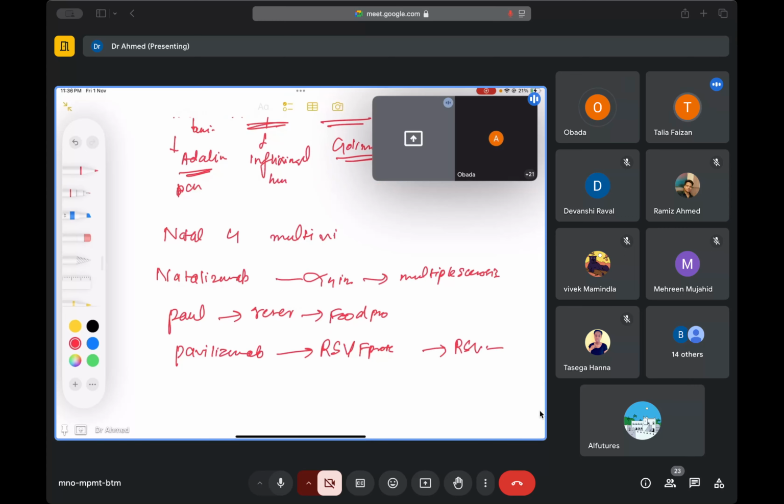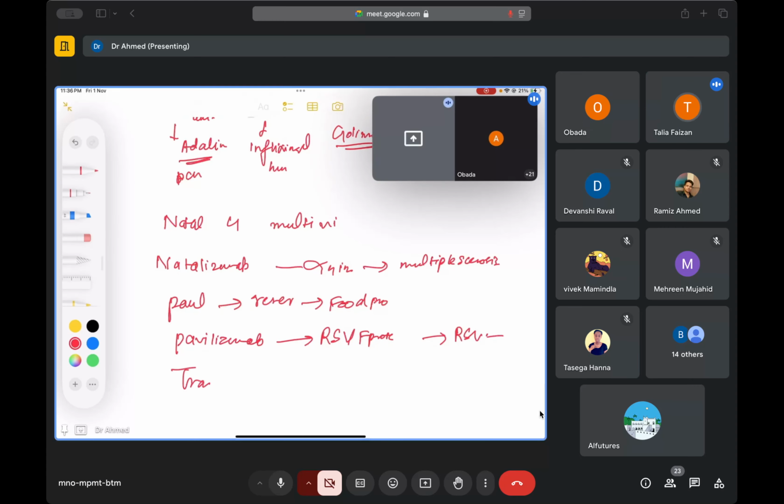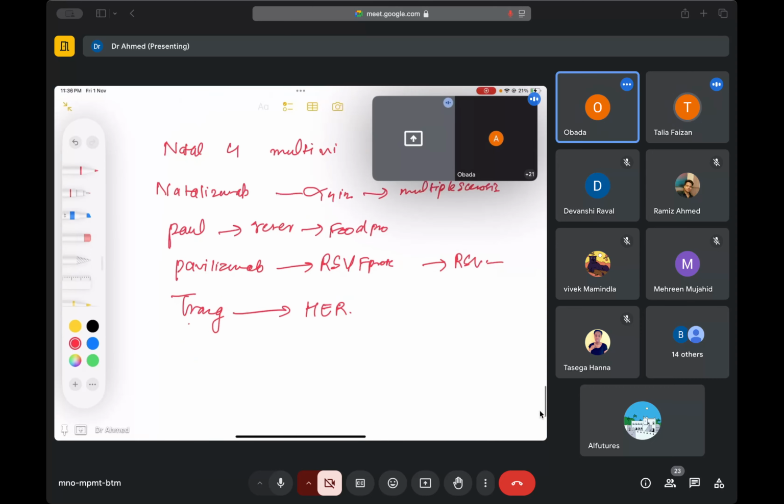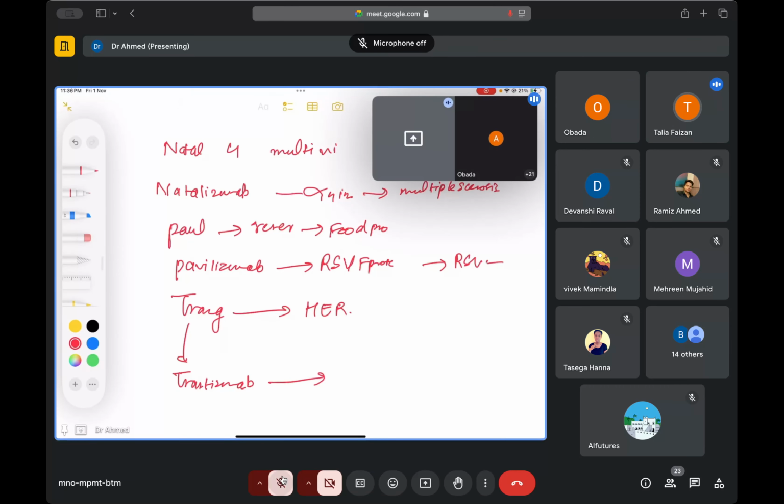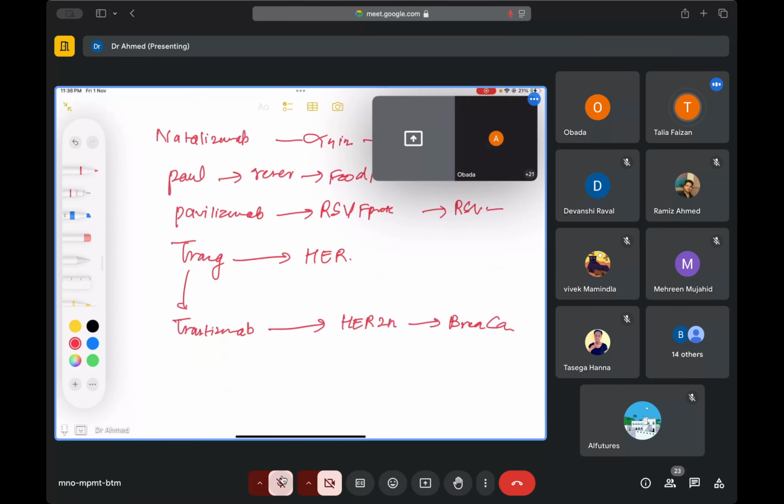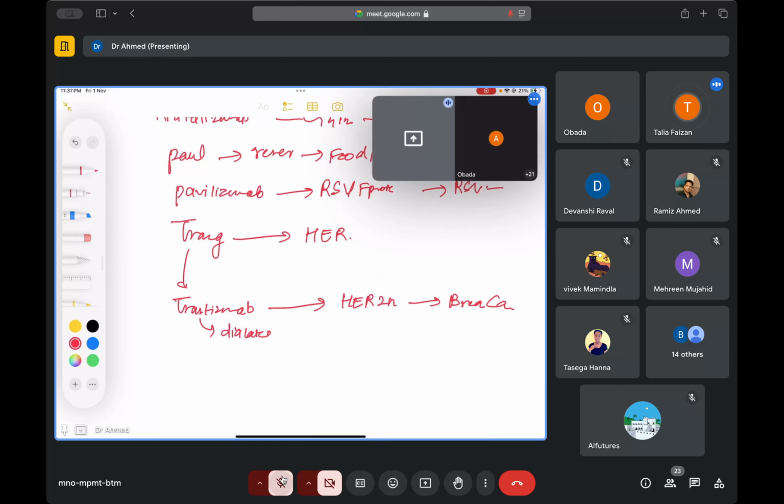Then you have transgender her. So trastuzumab, what's the target? HER2 neu, used in breast CA, and it can also cause dilated cardiomyopathy.